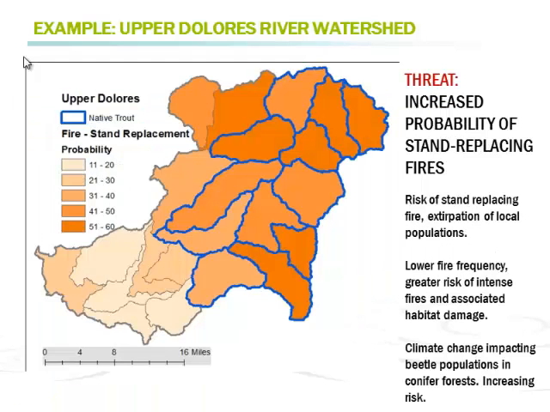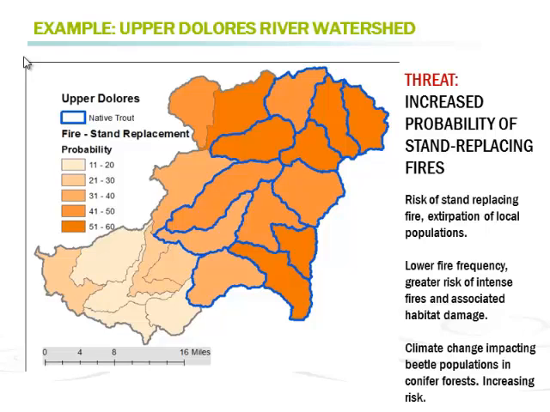And contrast that last slide with this one. This is related to fire again, but in this case, it's the increased probability of stand replacing fires. You'll see that the higher probabilities are up in the upper watershed. So in this case, the frequency of fire ignitions may be lower in the upper areas, as the prior slide showed.